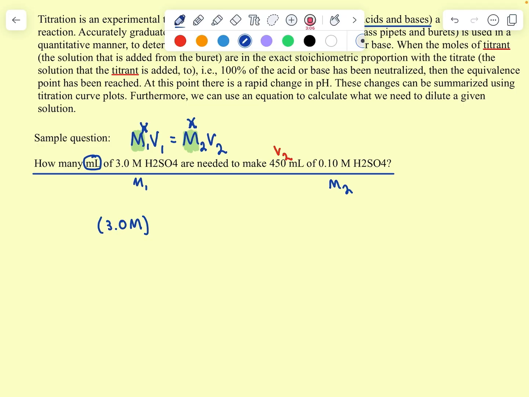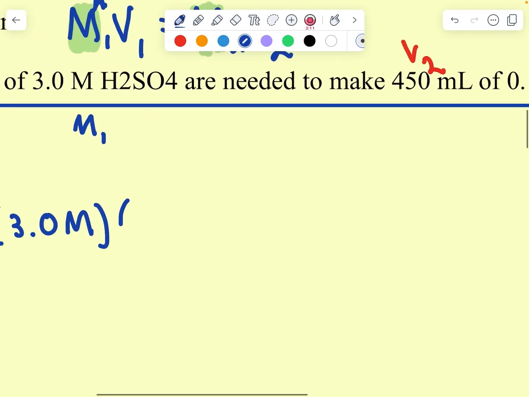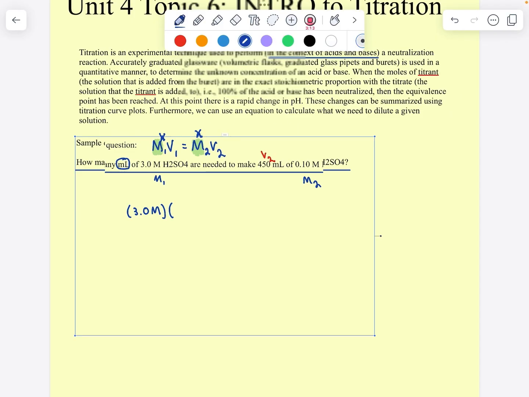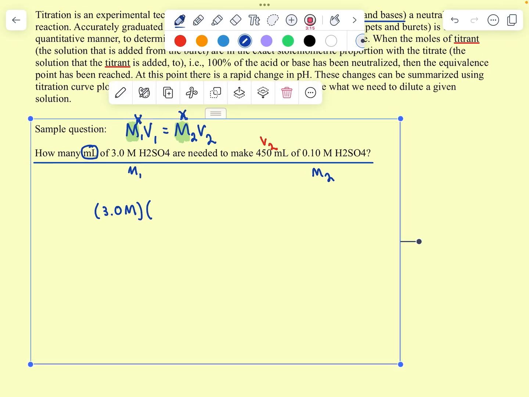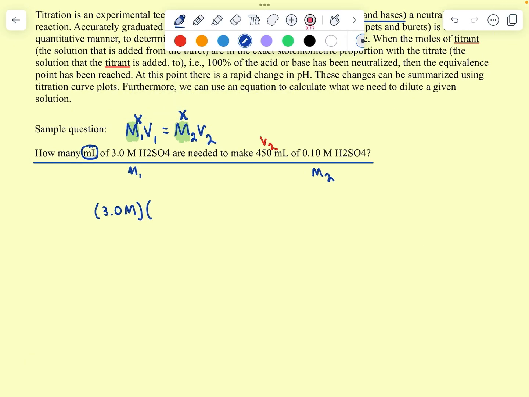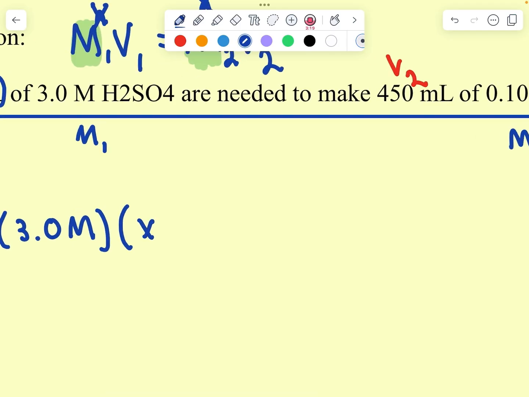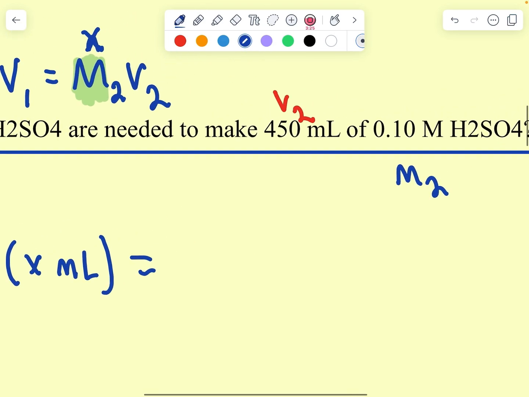So we're going to say this is X milliliters, and that equals our M2, which is our 0.10 molar, and then we have 450 milliliters.